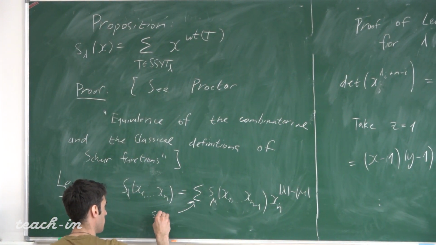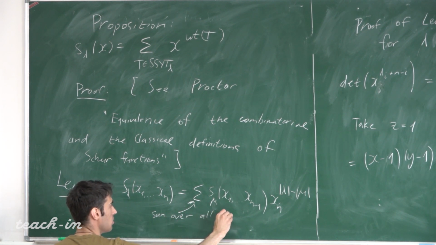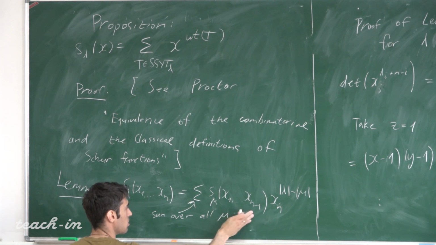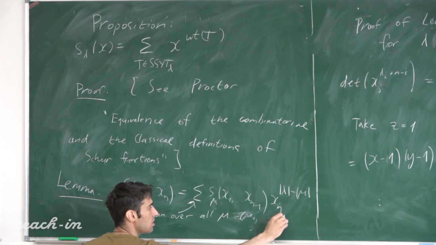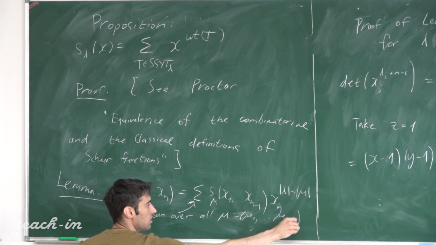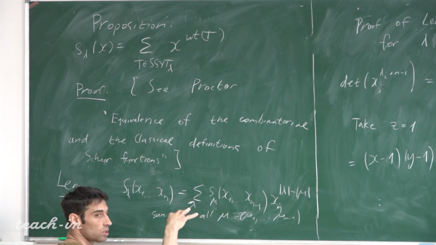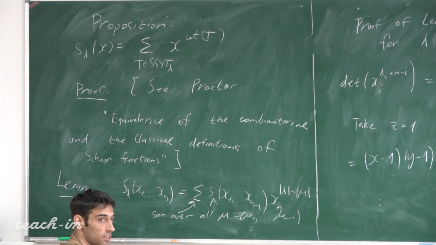So sum over all mu such that, so mu has its own entries, mu n minus 1. And this mu i's, they sit in between lambda i's.